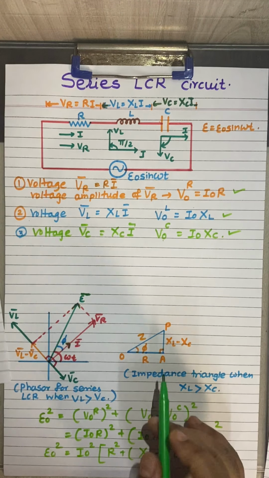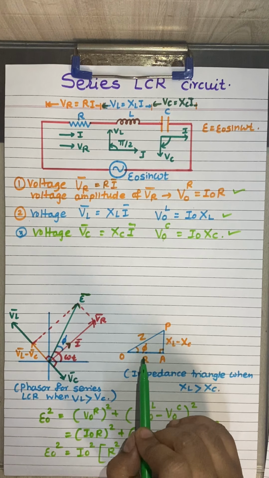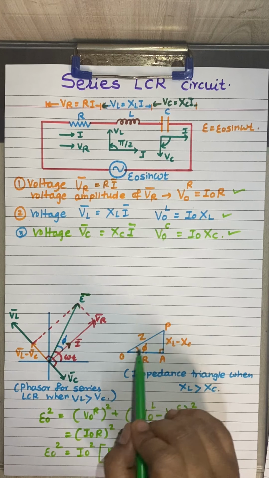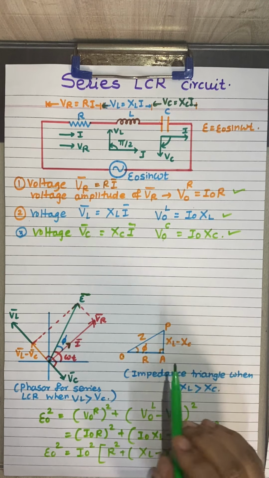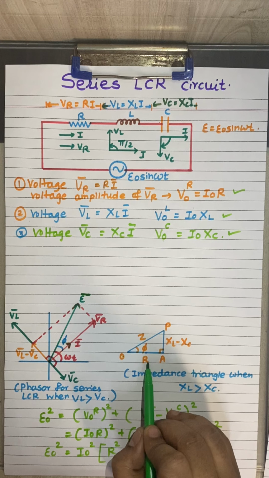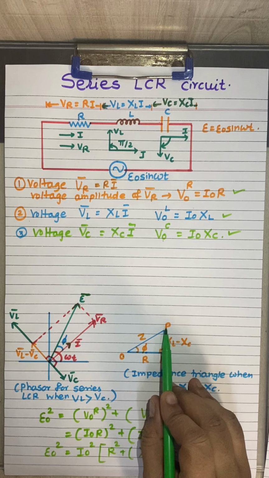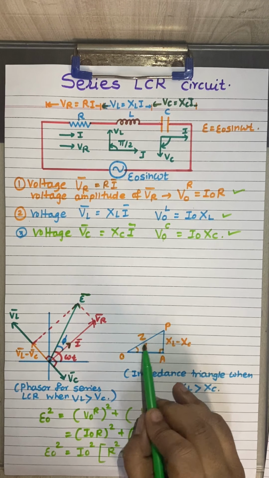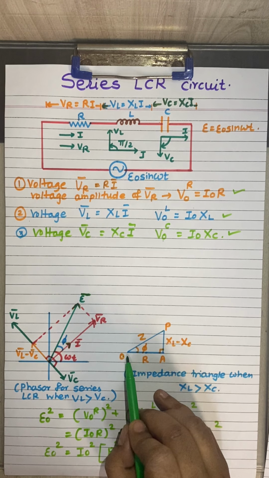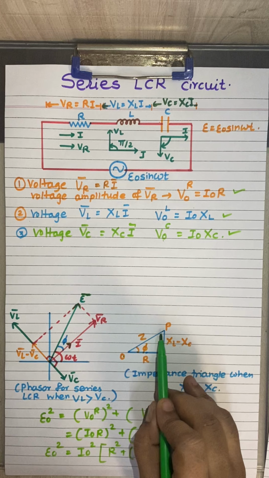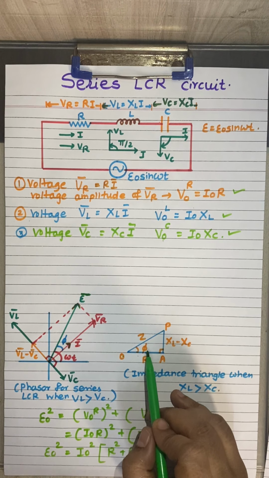Again I will go to the previous figure. This triangle OAP is called the impedance triangle. OA represents resistance, XL minus XC is AP, and the resultant of the triangle is known as the impedance, and the angle between R and Z is called phi.